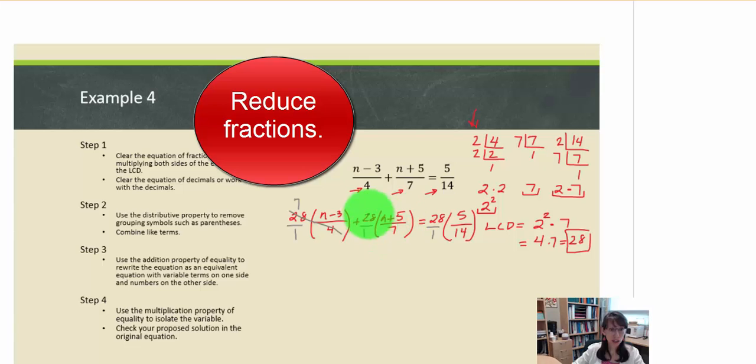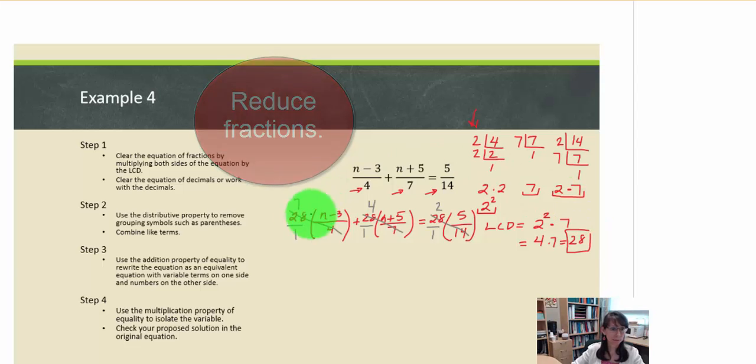Our next fraction, 28 reduces with 7, gives us exactly 4. And 28 reduces with 14 and gives us 2. So we don't have fractions anymore. That's why it's so nice to figure out the lowest common denominator and then multiply all the terms, because then the fractions will be eliminated.